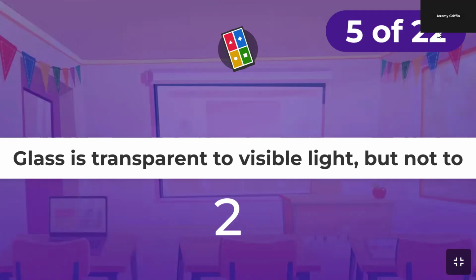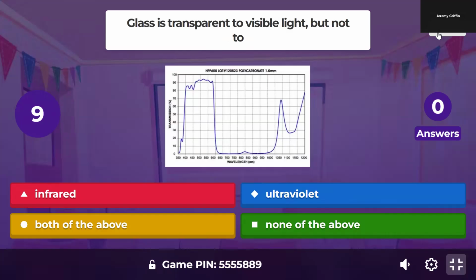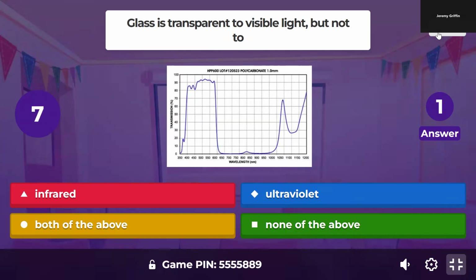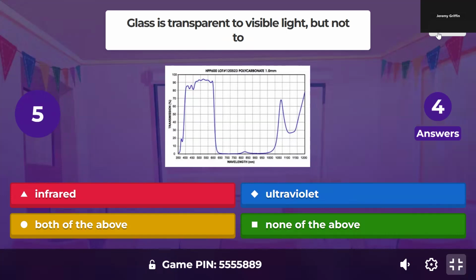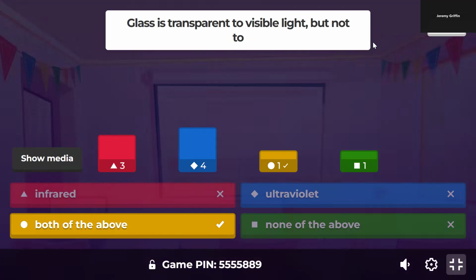Glass is transparent to visible light, but not to infrared, ultraviolet. I have a UV video queued up for sometime later today, to show you guys.